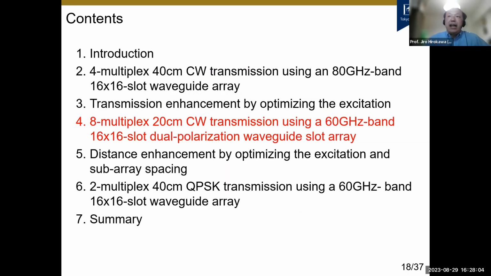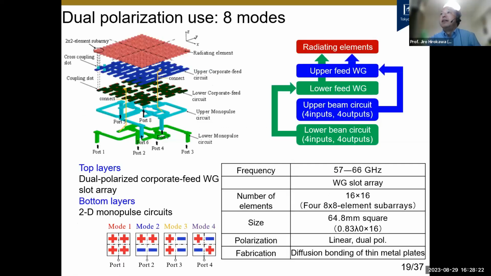Next, I talk about the 8 multiplexing 20 centimeter CW transmission using a 60 GHz band 16 by 16 slot dual polarized waveguide slot antenna. By applying the dual polarization, the degree of multiplexing can be doubled. The left top figure shows the configuration of the dual polarized antenna. In the top layer, we have the radiating elements. The radiating elements are shared for both polarizations.